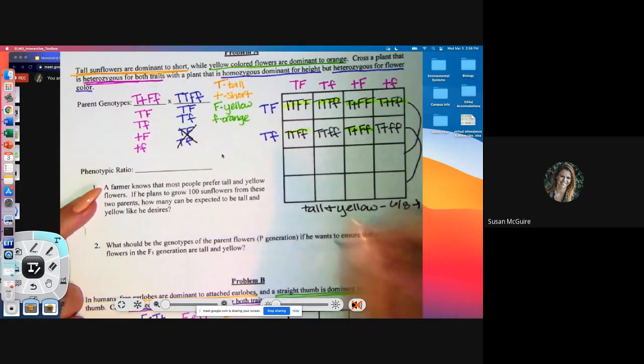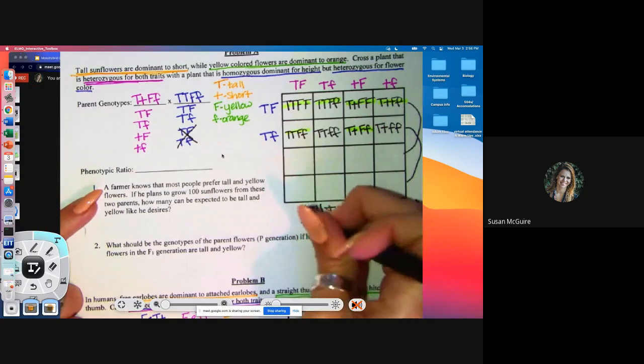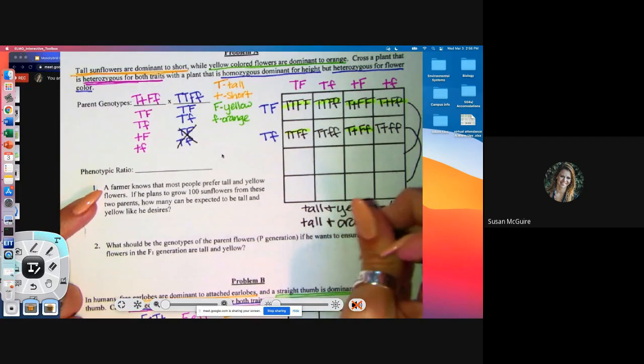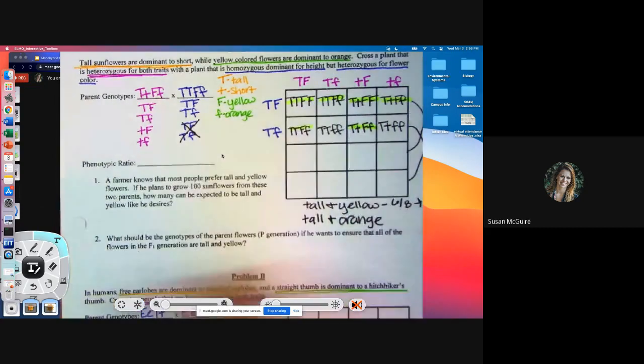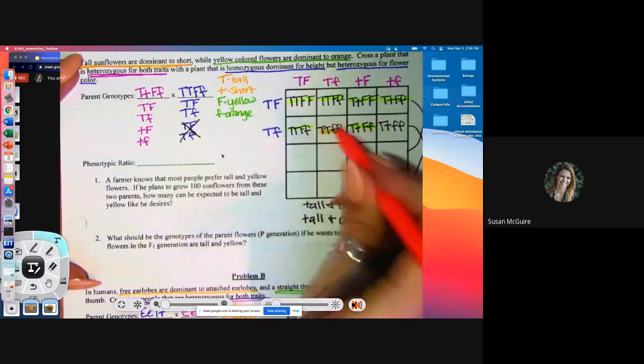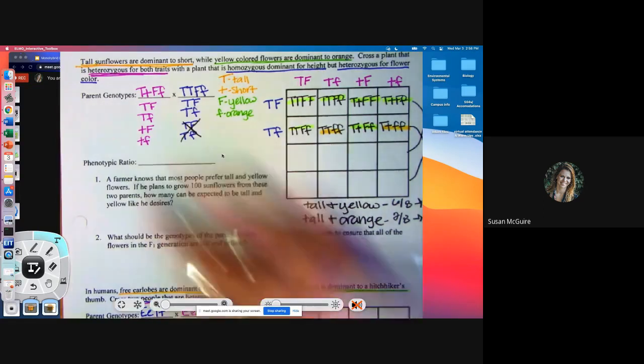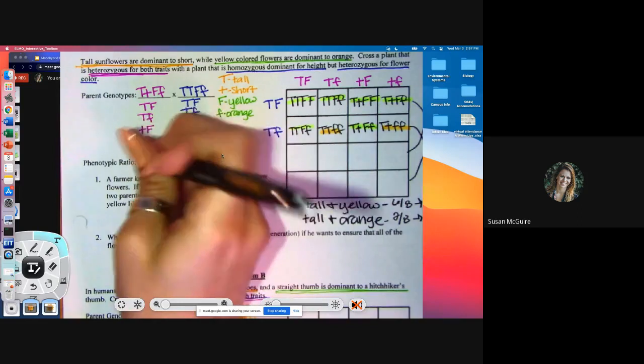And then our other one is tall and orange. For those, we have 2 out of 8, which is 1/4. So to make this into a ratio, we have 3 to 1.